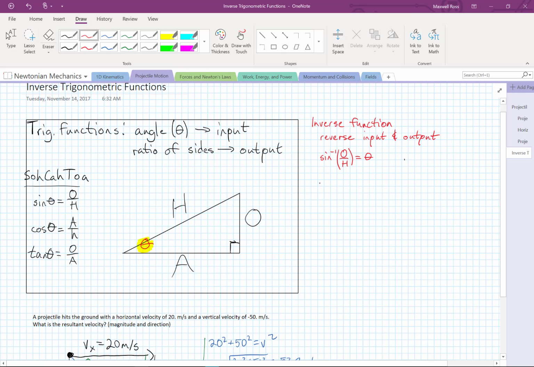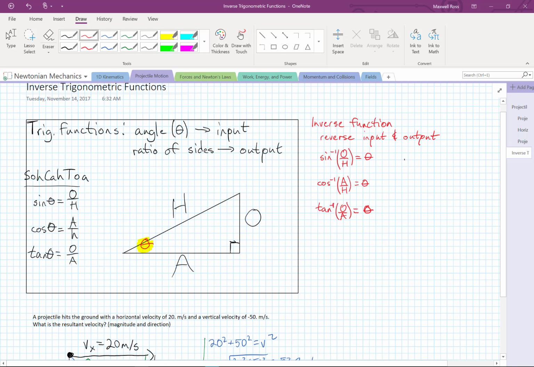I may have misspoke with sine; it's opposite over hypotenuse, not opposite over adjacent. Similarly, inverse cosine of adjacent over hypotenuse equals theta. And with tan, inverse tangent of opposite over adjacent is equal to theta, tan minus 1.